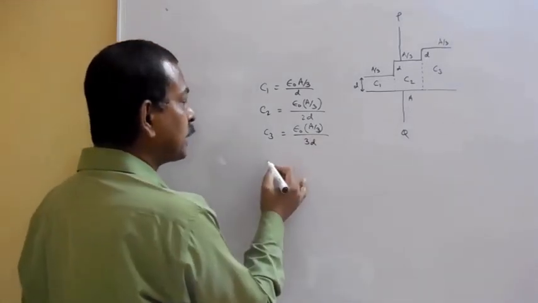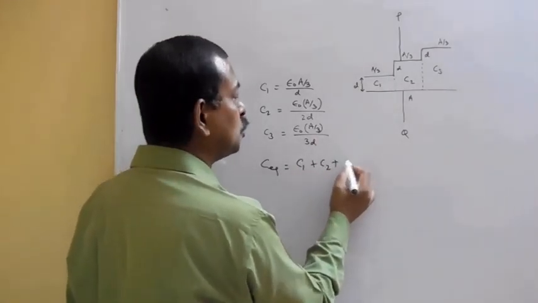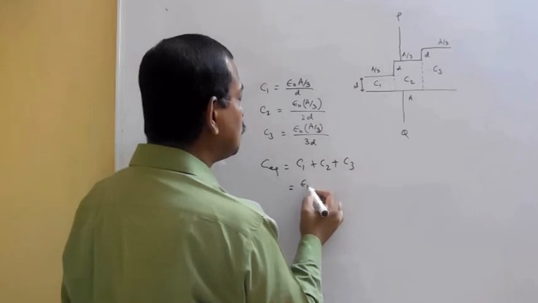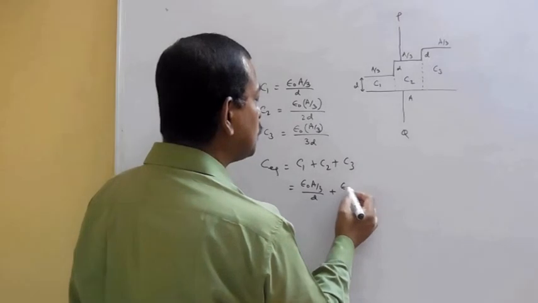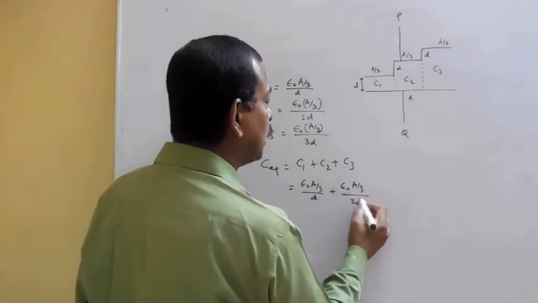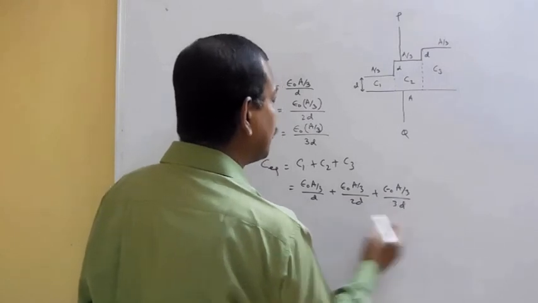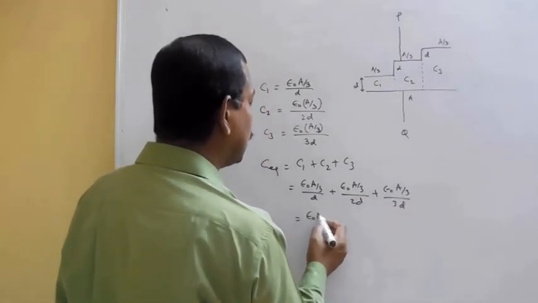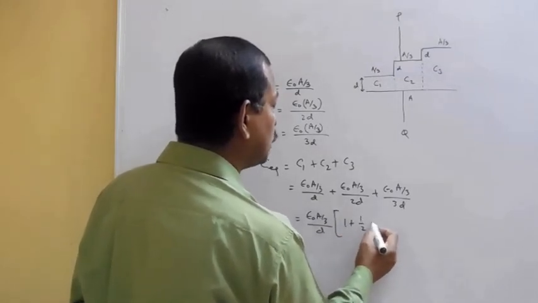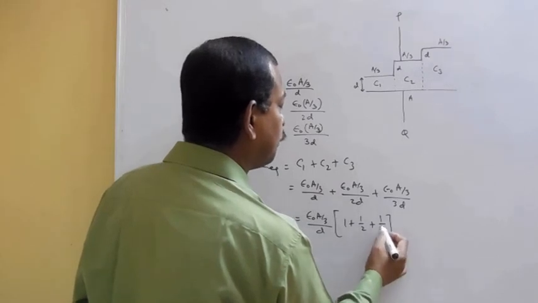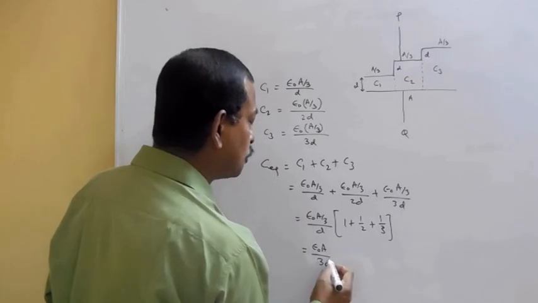So for equivalent capacitance, C equivalent, in parallel combination, it is C1 plus C2 plus C3, which is epsilon naught A by 3 divided by D, plus epsilon naught A by 3 divided by 2D, plus epsilon naught A by 3 divided by 3D. If you take epsilon naught A by 3D common, it is 1 plus 1 by 2 plus 1 by 3, times epsilon naught A by 3D.